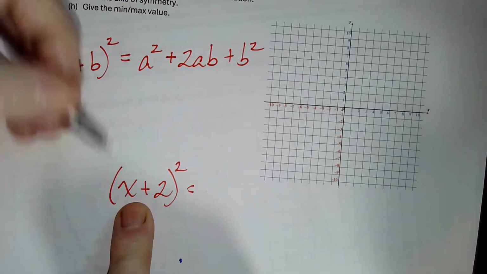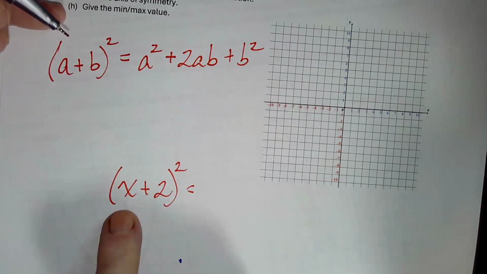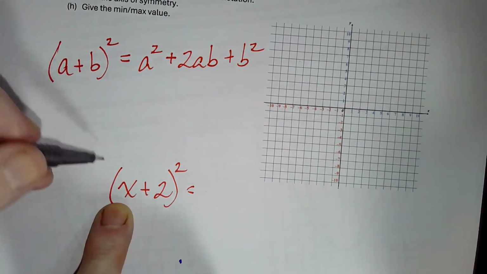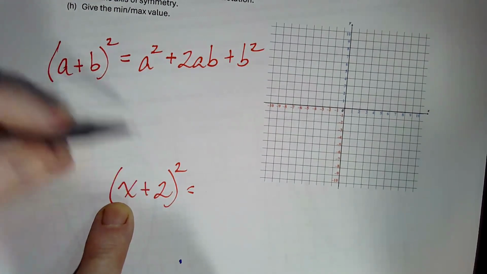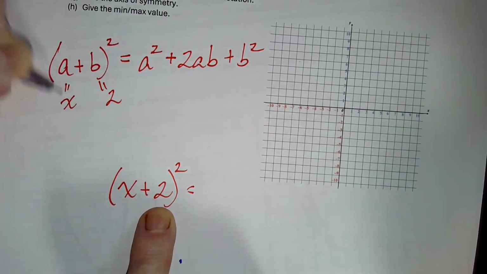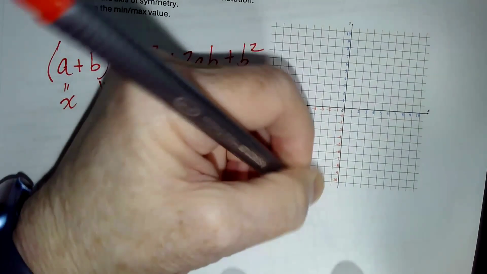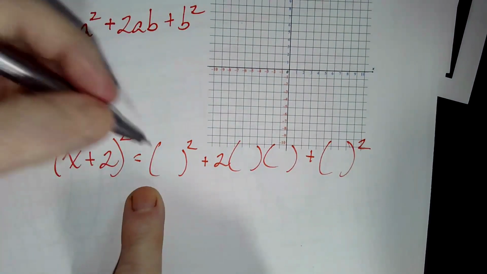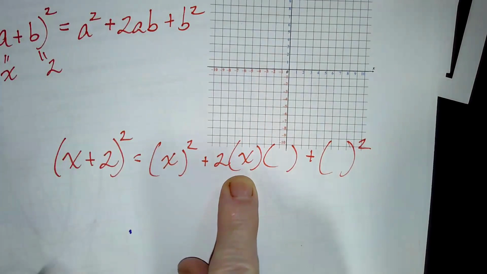And what is a for our question? x. B is going to be 2. Now I just have to fill in x for a, and that means x also goes here.